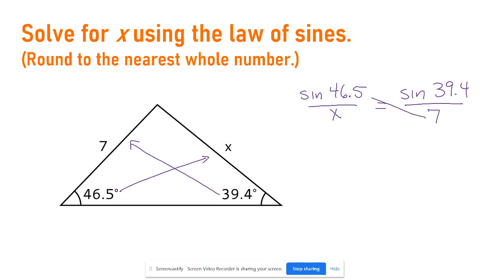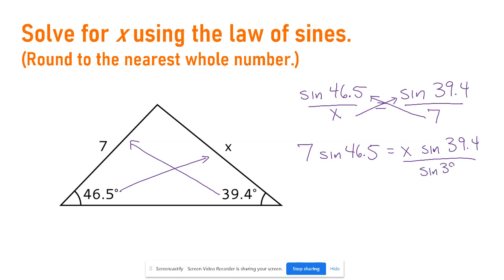So I'll take the 7 and multiply it by sine of 46.5. I'll take the x and multiply it by sine of 39.4. And then to solve for x, I need to divide by sine of 39.4.